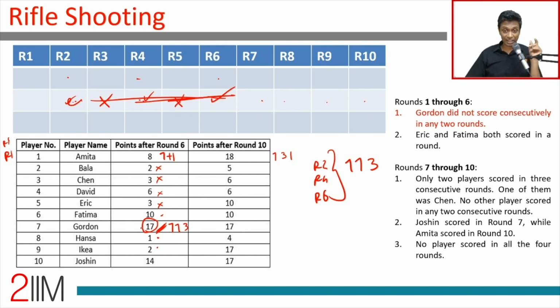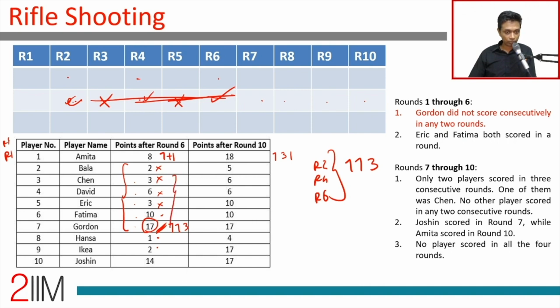Very interesting inference. So round 2, round 4, round 6. Two of these 3, Gordon has come first. Round 2, if you look at it, only 2 possibilities. Fatima and Gordon could have come first.